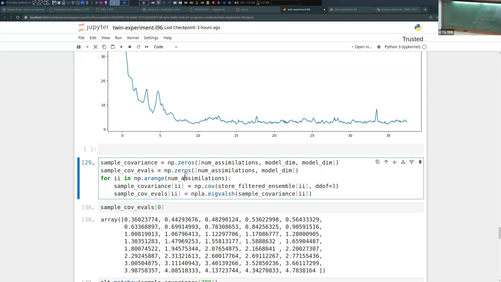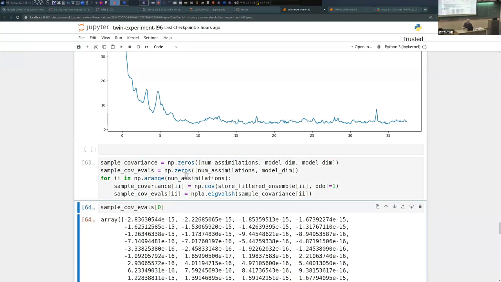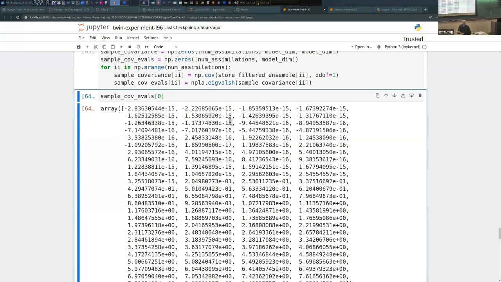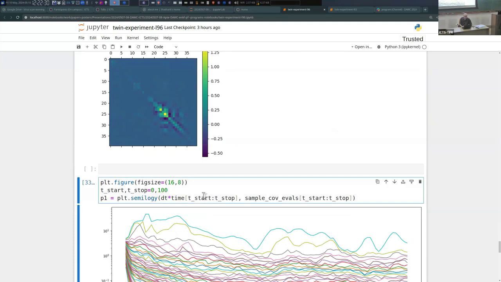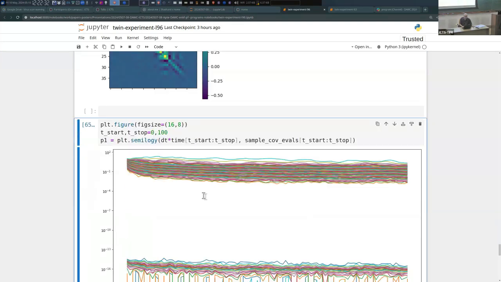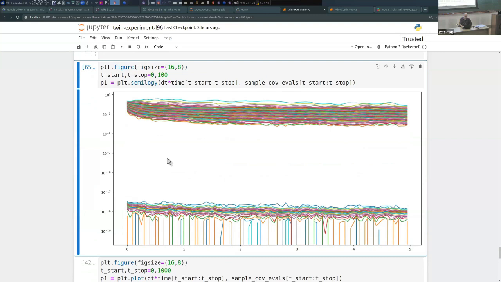Here is the computation of this. Even at time t equal to 0, we can see that there's a whole bunch of very small eigenvalues. If I make the plot of what the eigenvalues actually look like, look at that. I can't count these number of lines.